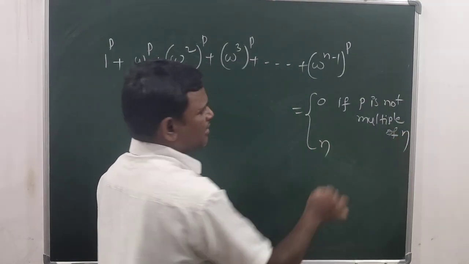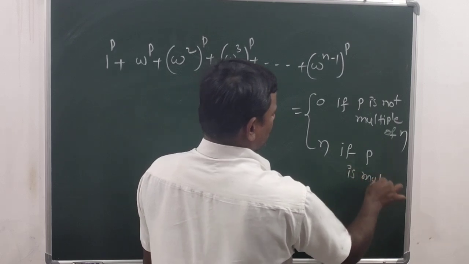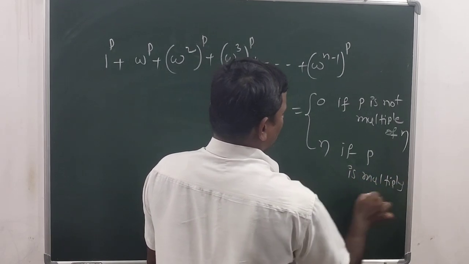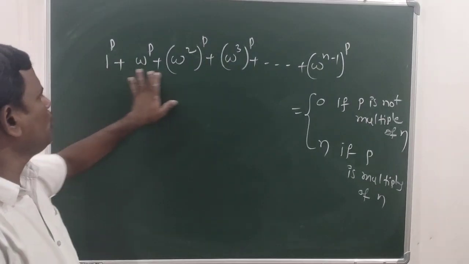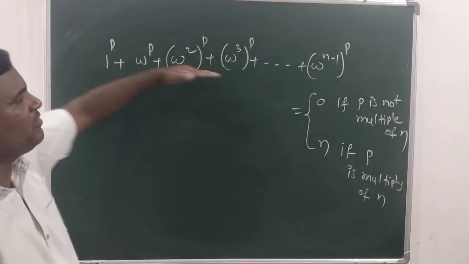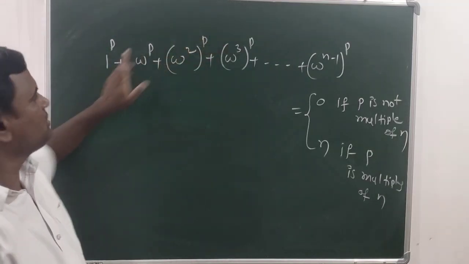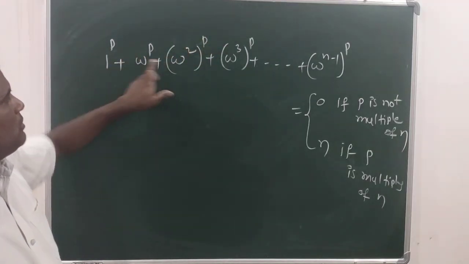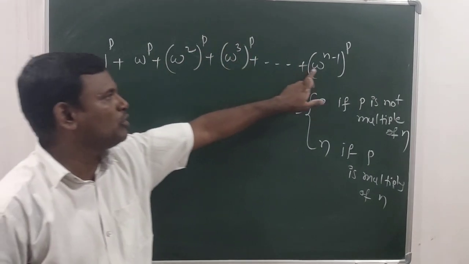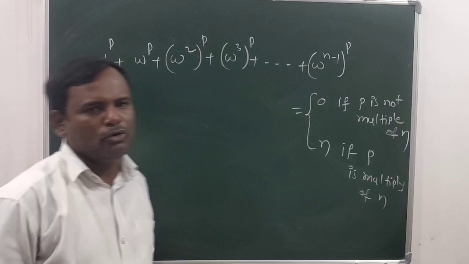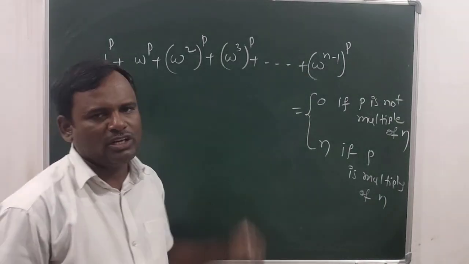This result is n if p is a multiple of n. Here you are raising the powers of these roots up to p, where p is a natural number, n is also a natural number.